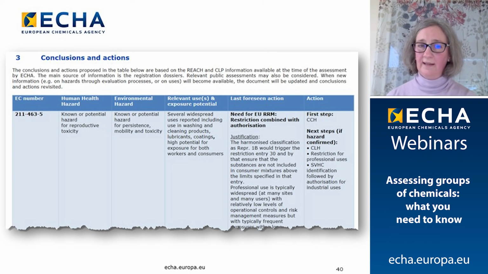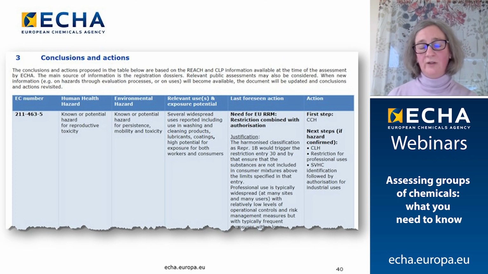So as we discussed before, in that case, the first step will be compliance check for that substance, then harmonized classification, restriction for professional uses, SVHC identification, followed by authorization for industrial uses.